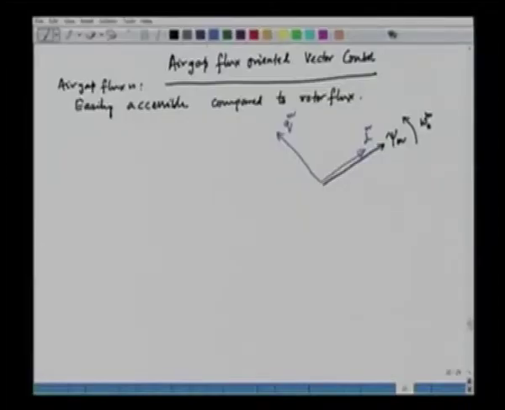So, we have the stationary phases. The stationary phase is here. This is a reference phase, and this angle that we have here is theta e m.